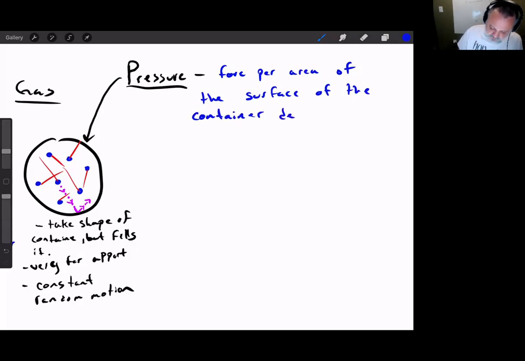And the force is due to the collision of the gas particles on the wall of the container.